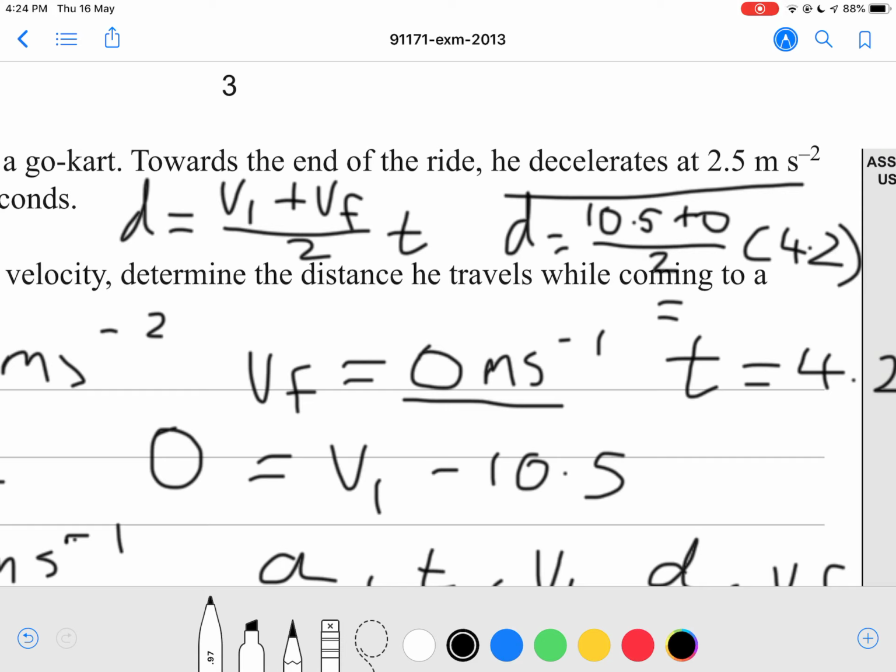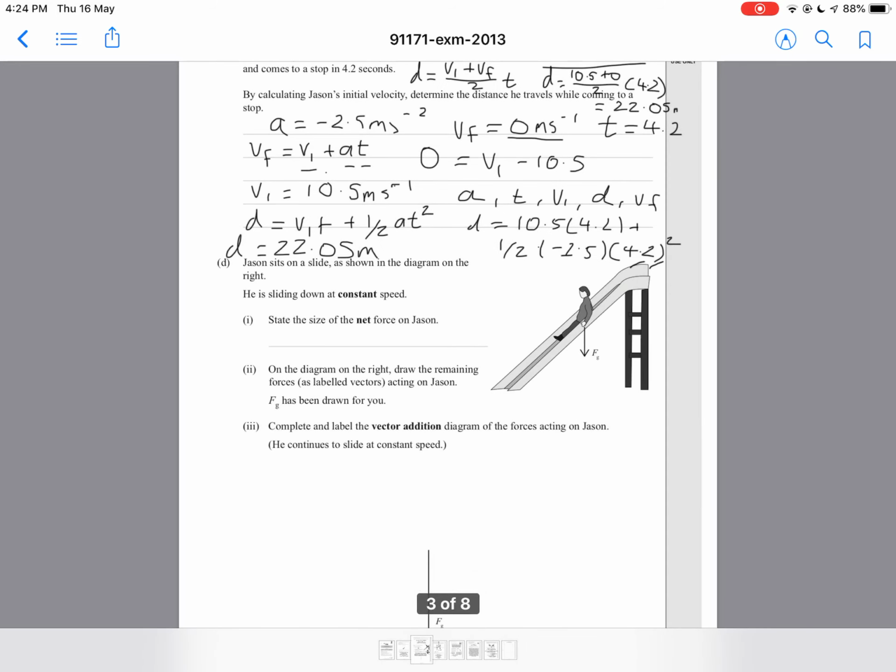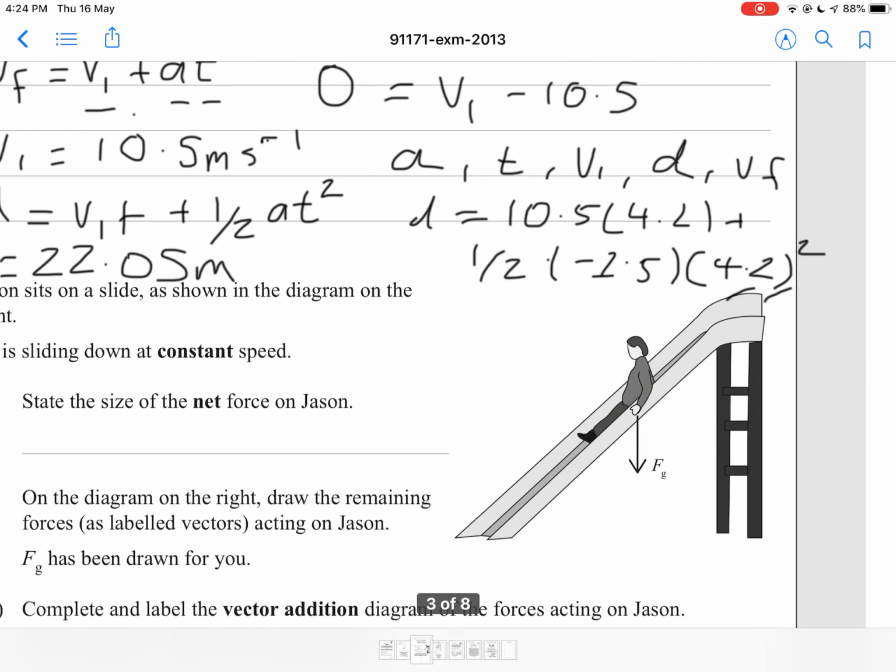Just double check: 10.5 divided by 2 times 4.2. Yeah, that gives you 22.05. So basically, if you have all five of these variables, acceleration, time, initial velocity and so on, you really can just pick and choose which equation you want to use, okay? Whichever is easier for you is the one you use.